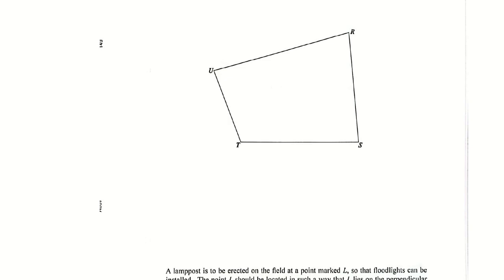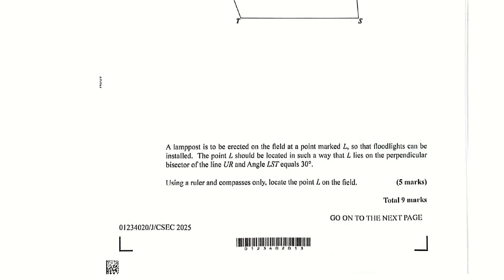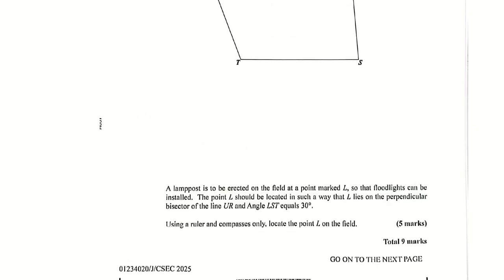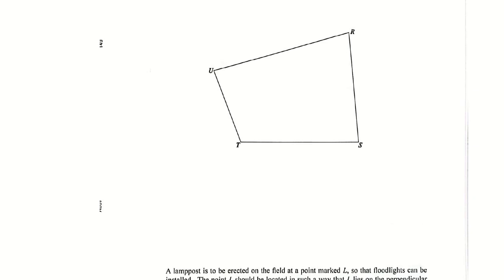So when they want the perpendicular bisector of UR, they said using a ruler and compass only. So I'm going to show you how to do your perpendicular bisector using your compass.